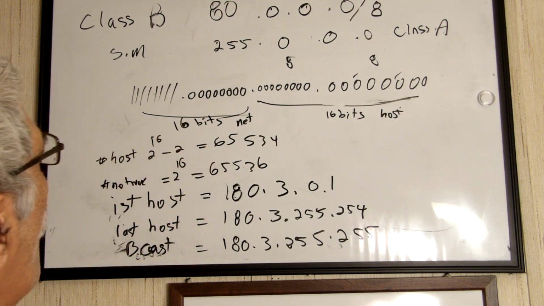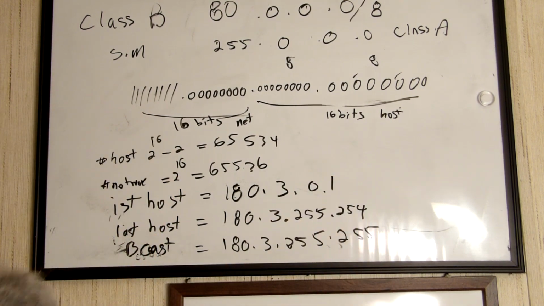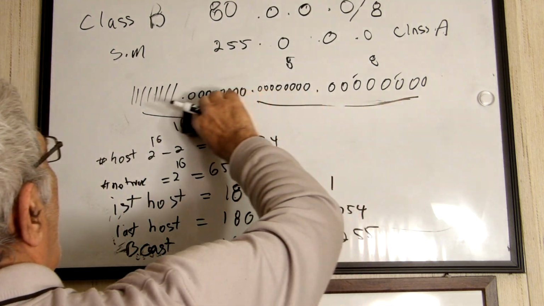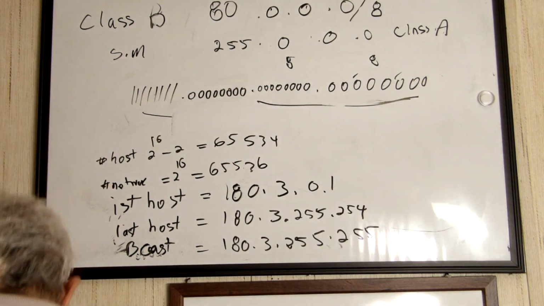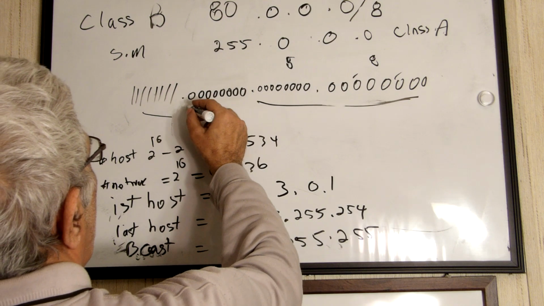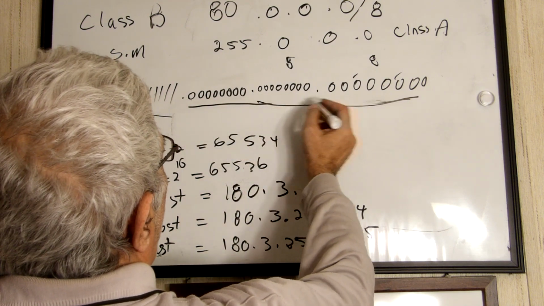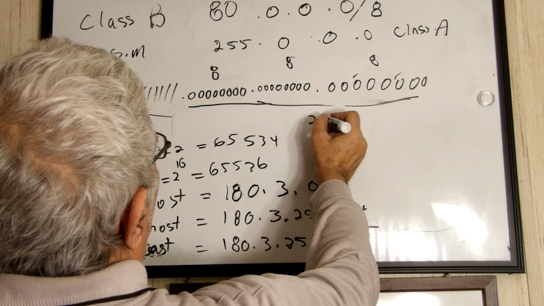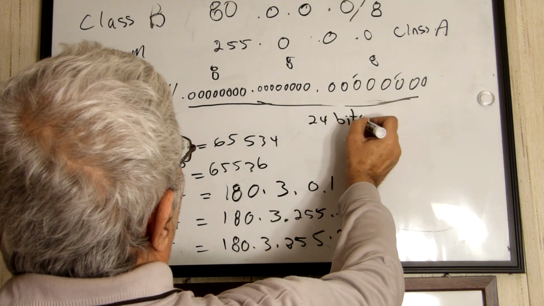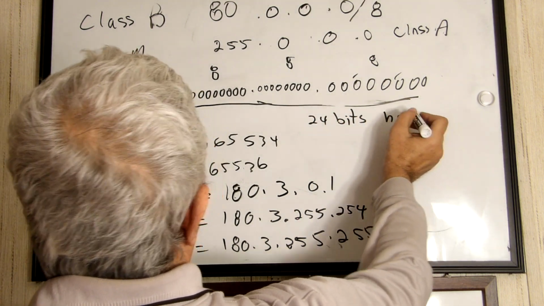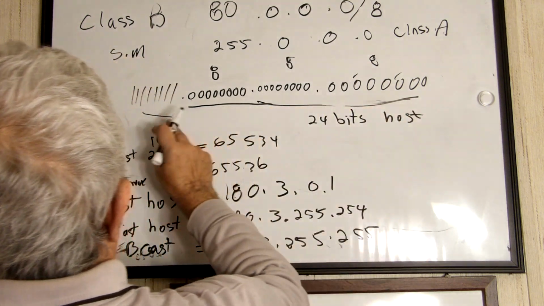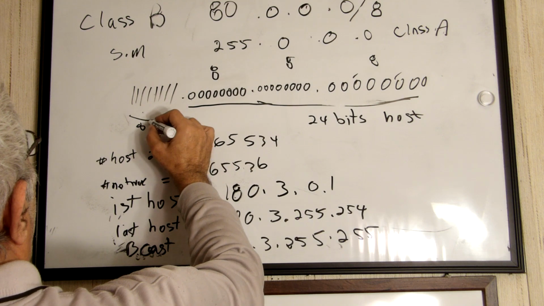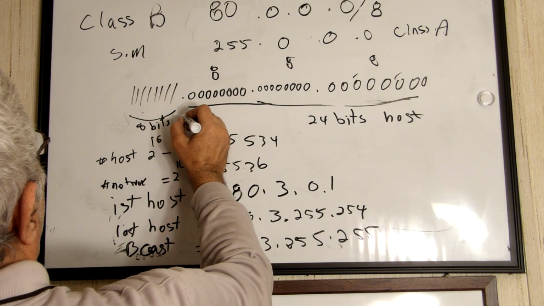Here the number of hosts is now different. The number of hosts is going to be 24 bits for hosts and only 8 bits for network.